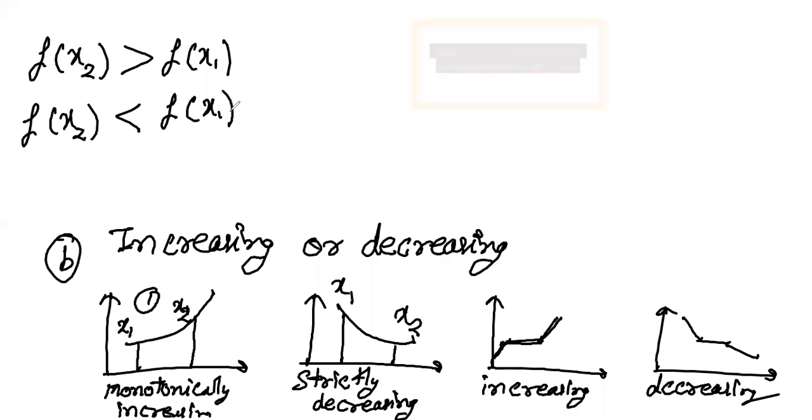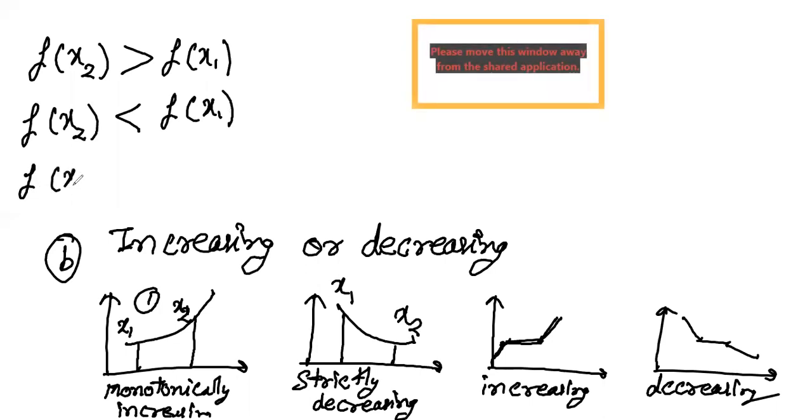Now the third point is only increasing. So f of x2 must be more than f of x1, but it can be equal also. That time it is an increasing function.